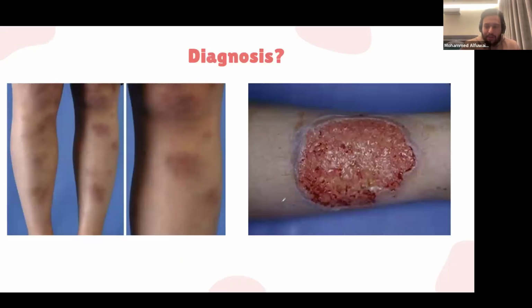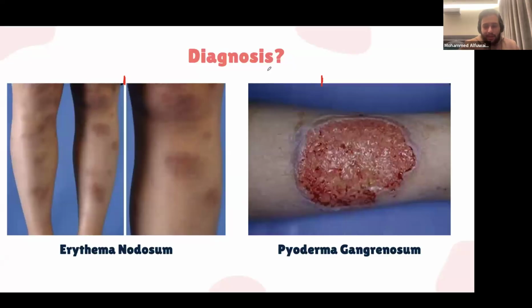Now, in a patient with extraintestinal manifestation in IBD, which one is this? What is the skin manifestation called? Erythema nodosum. Excellent, good. How about this one? Pyoderma gangrenosum. Excellent. That's it. They will present in IBD.